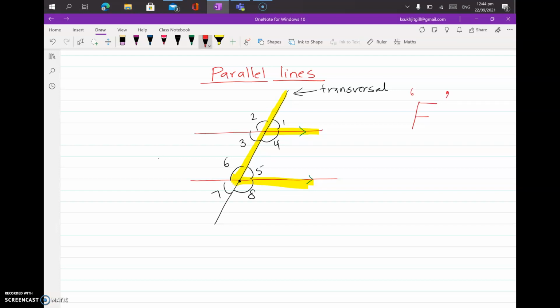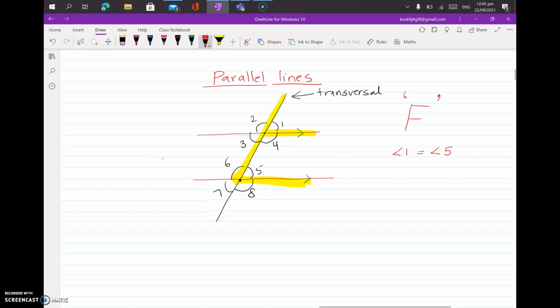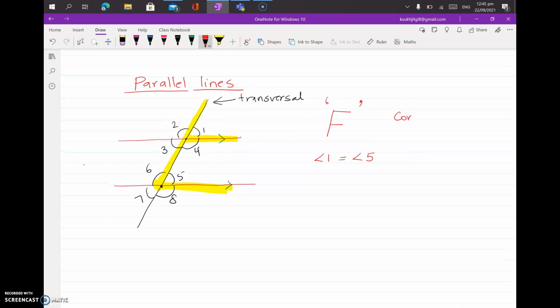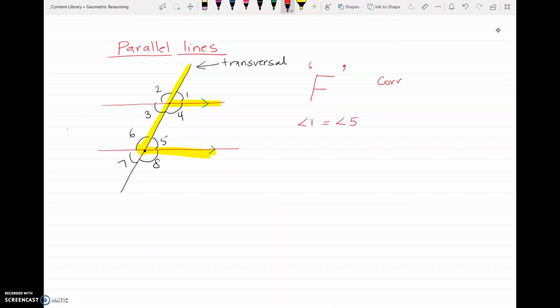This is an upside down F. So if you look at the corners, I can see the corner of the F is making angle 1 and angle 5. So they are equal, and there is a special name for that, and we call them corresponding angles.